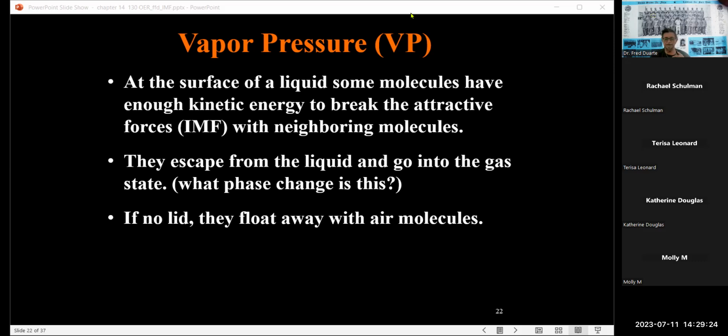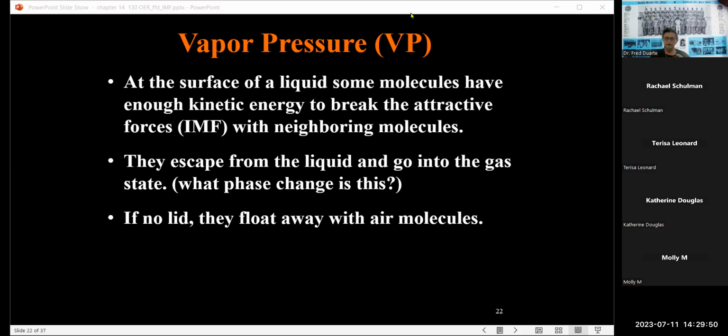And what happens is when they move on their own, some of them have enough kinetic energy to escape the liquid phase and go into the vapor phase. And with time, that happens to all of them. Eventually that glass container is totally dry. But in the meantime, if you put energy into the system, you can expedite that.